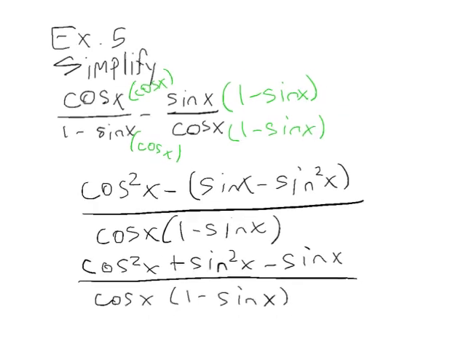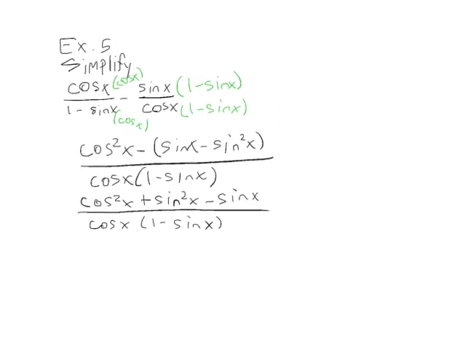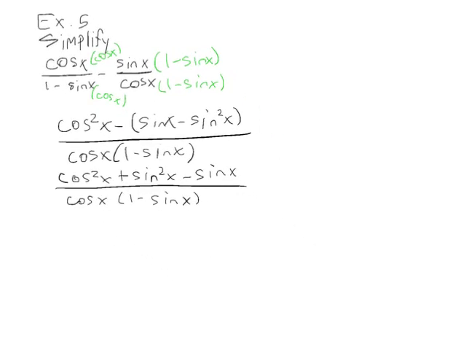All right, so now what? Well, we're going to simplify that top a little bit more. I've got cosine squared x plus sine squared x. We like this a lot because that's just going to be 1. So that reduces all the way down to 1 minus sine x.